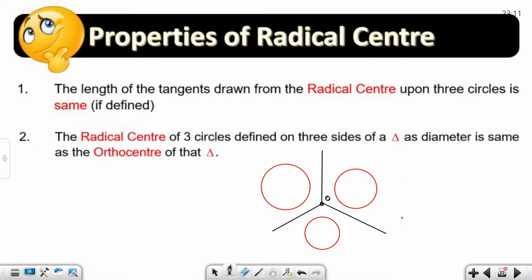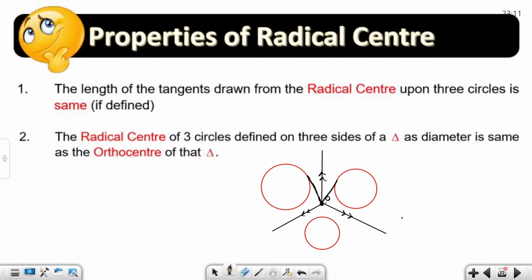Now, from this point, we know that from any point on the radical axis, the tangents drawn to the two circles are of equal length. Therefore, if we draw tangents from this point, because this point is common to this radical axis as well as this axis, if we draw two tangents, one at this and another at this, they will be of equal length.